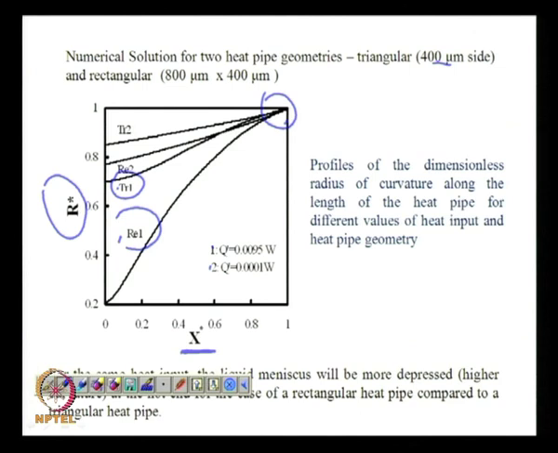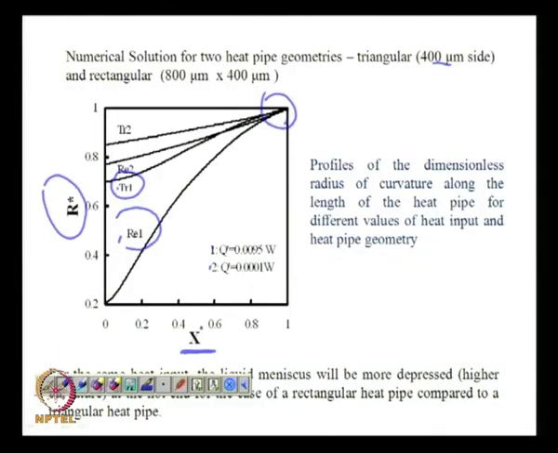I am providing 4 corners for a rectangular heat pipe, whereas 3 corners for a triangular heat pipe, but the angle for the rectangular heat pipe is 90, whereas in the other case it is 60. So, angle has a greater role to play than the number of corners that you provide.